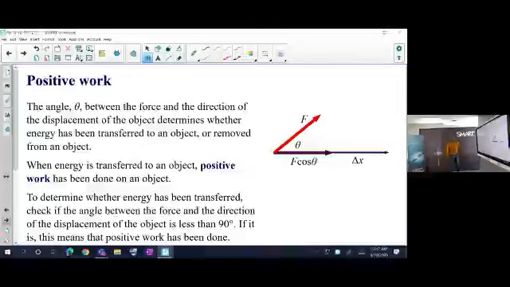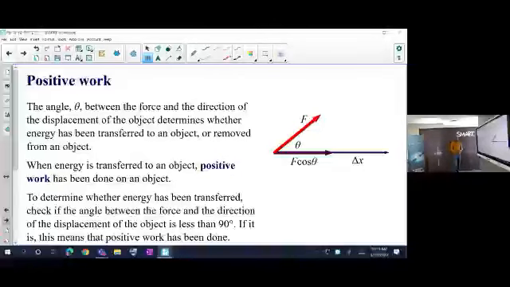All right. When energy is transferred to an object, this is very, very important. I need you to bear this in mind. When energy is transferred to an object, of course, the object will move. It will move faster and faster, if it's not constant. Is that clear?